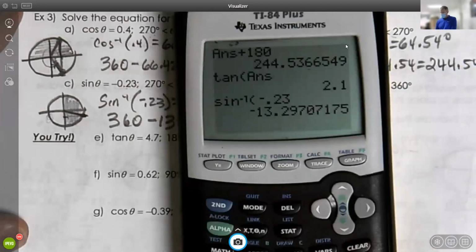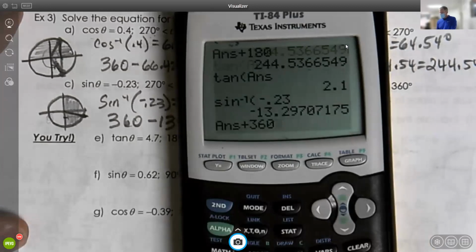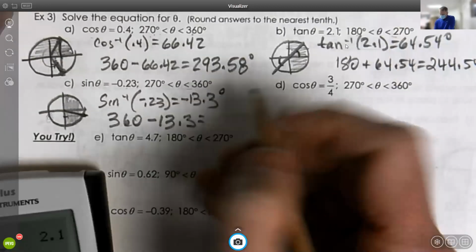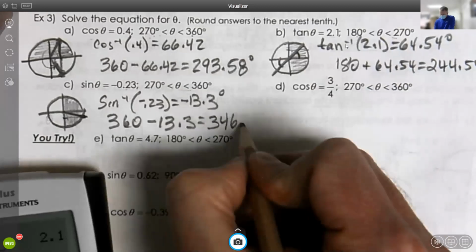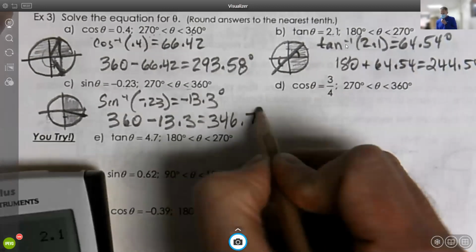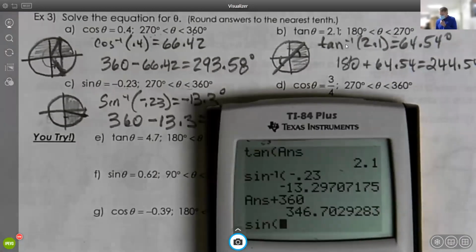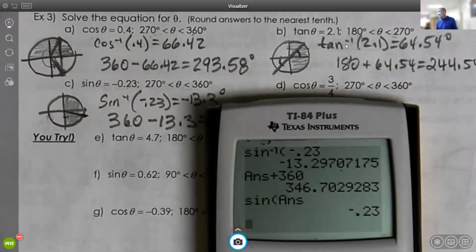So you could say adding if you like. So that's going to be 346.7 degrees. And if you want to test that, you say sine of your previous answer, you better get negative 0.23. Boom. Worked out brilliantly.